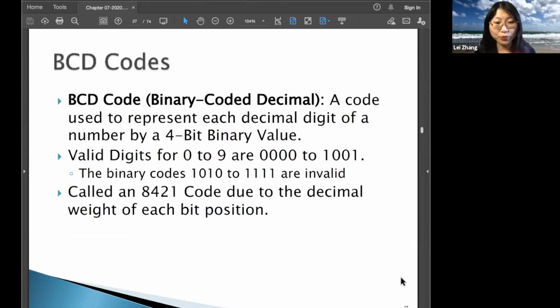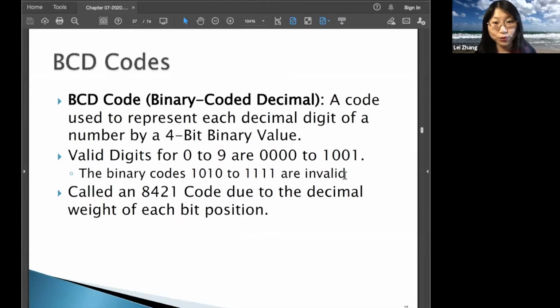So that means we only use 0000 to 1001. So this is 0 and 1001 is 9. So we only use these 10 combinations. For the other binary codes, 1010 to 1111, they are invalid.